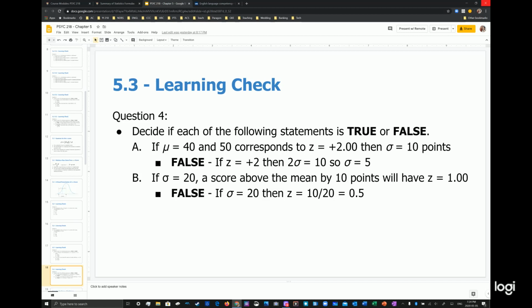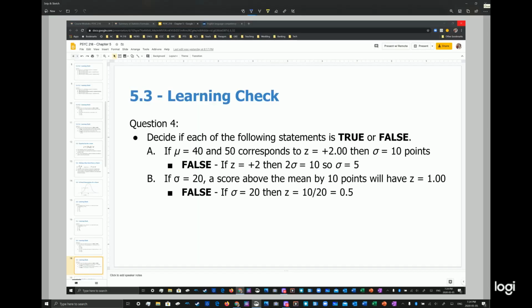For A, in that distribution where mu is 40 and 50 corresponds to a Z score of 2, then no, sigma isn't 10. That's not one standard deviation, because 50 here corresponds to 2 standard deviations away from the mean.